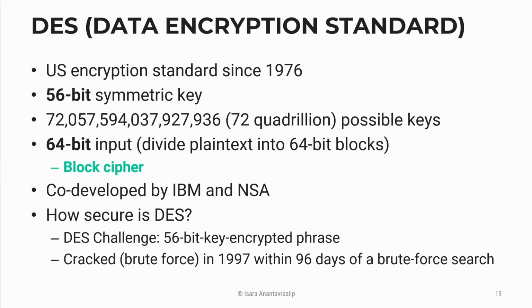This algorithm has been introduced in 1976. It uses a 56-bit symmetric key. And if you remember the number, 56-bit is a little bit weaker than the number of configurations of the Enigma machine. It can represent up to 72 quadrillion possible keys.